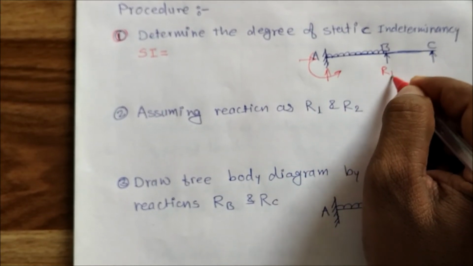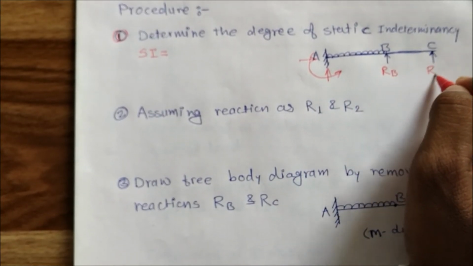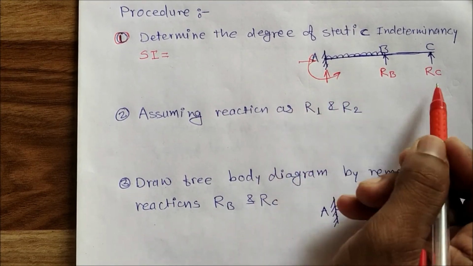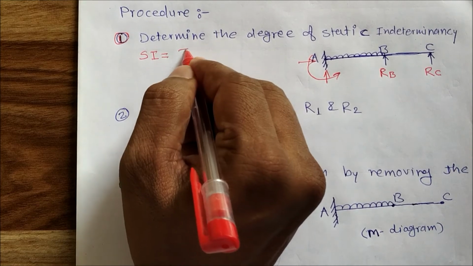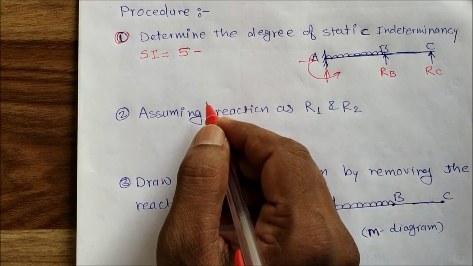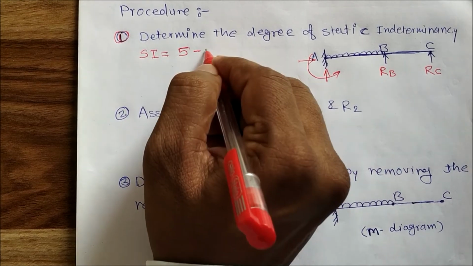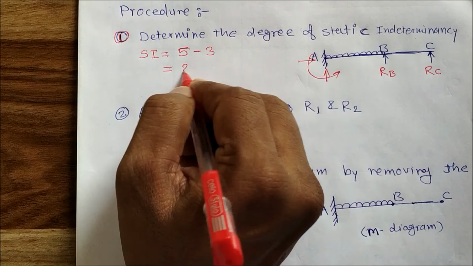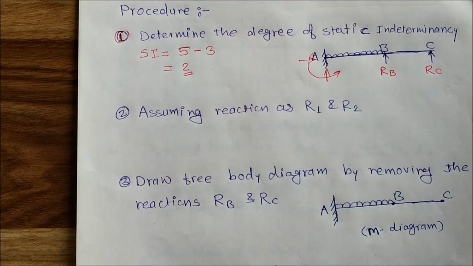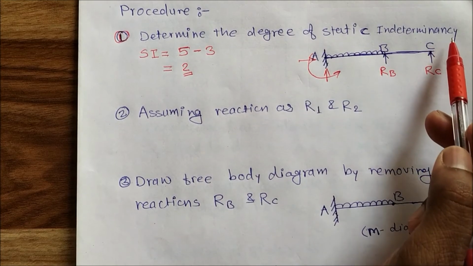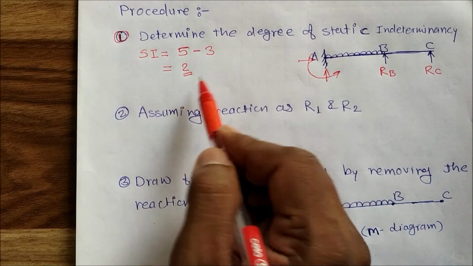This is RB, this is RC. How many unknowns are there? There are 5 unknowns. So 5 minus 3 is 2. So the degree of static indeterminacy is 2.